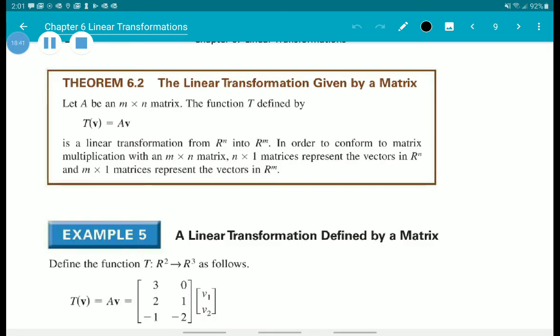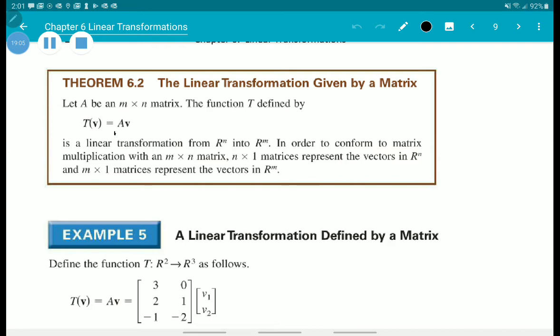So it's also possible to take a linear transformation and express it in terms of a matrix. So let's look at theorem 6.2, which describes this a little bit more. We're going to let A be an m by n matrix. The function T is defined by T of v, so the transformation of v under T, is equivalent to A times v.